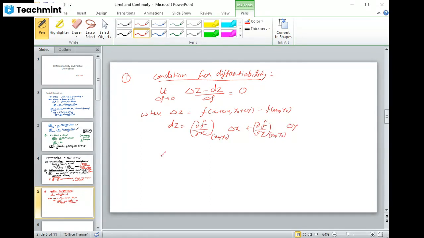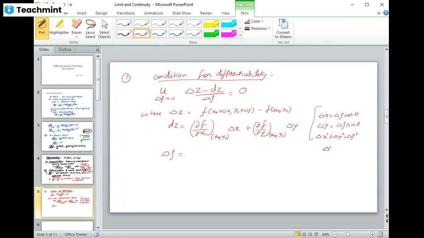And delta rho. Like I already told you, whenever we want to prove the limit of a function, we consider the neighborhood of a point as a circle. So while proving the limit of the function, we assume delta x equals delta rho cos theta, delta y equals delta rho sin theta. So delta x square plus delta y square equals delta rho square.